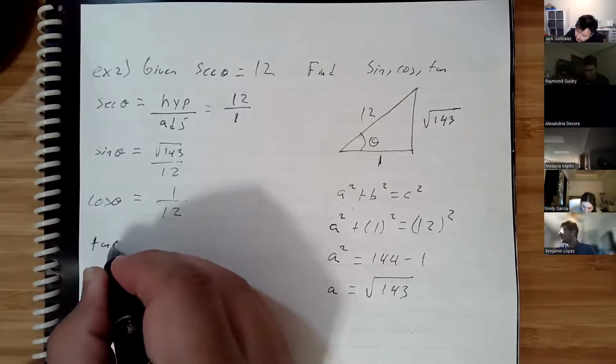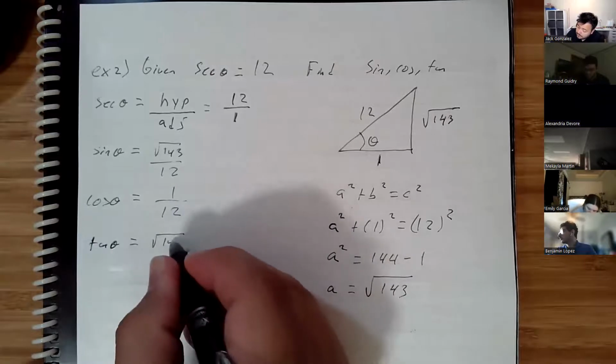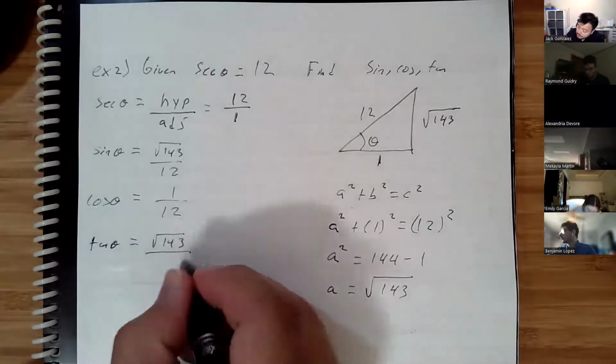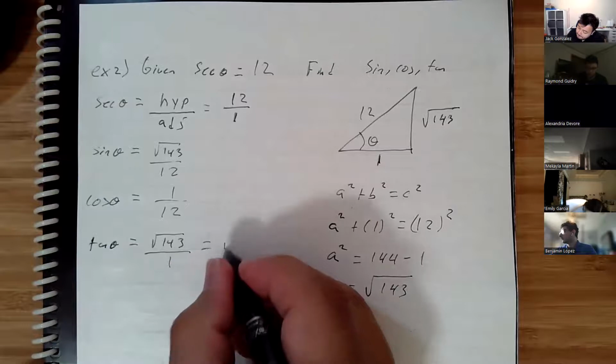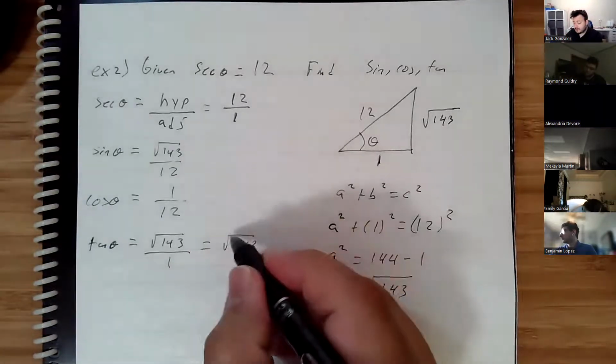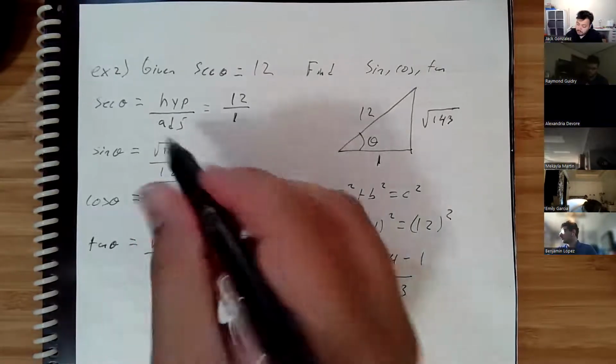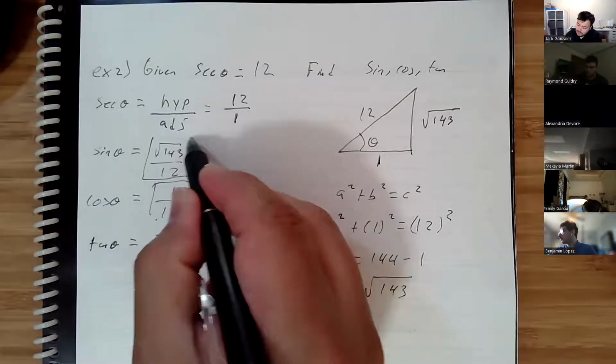Tangent of theta will be square root of 143 over 1. Those are 3 answers. Any questions on any of these steps?